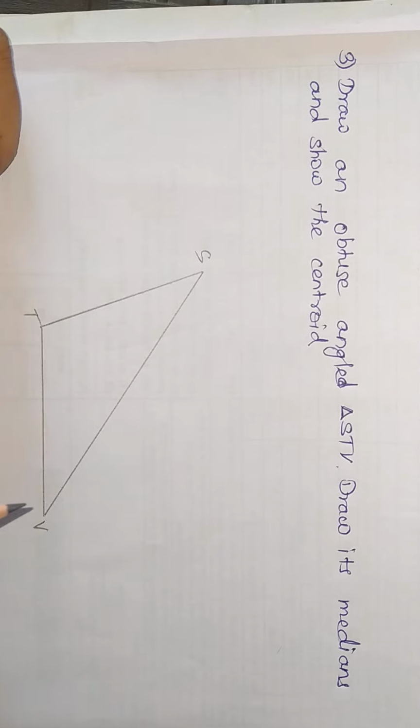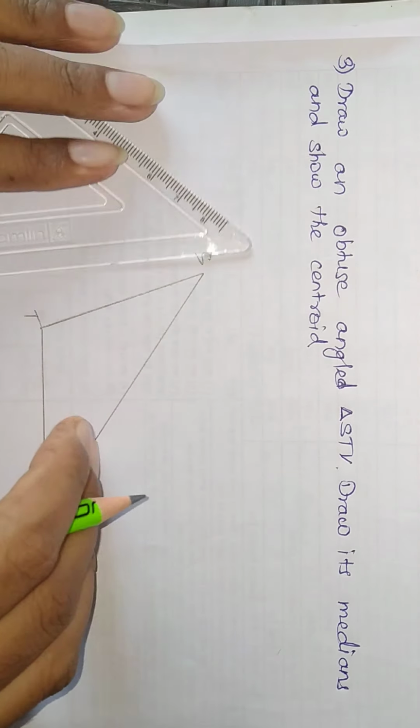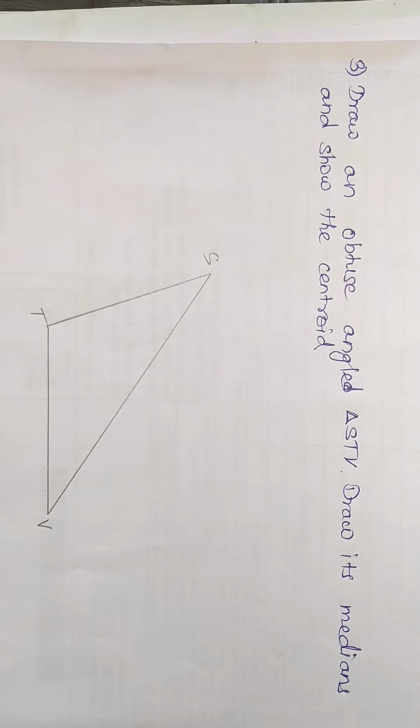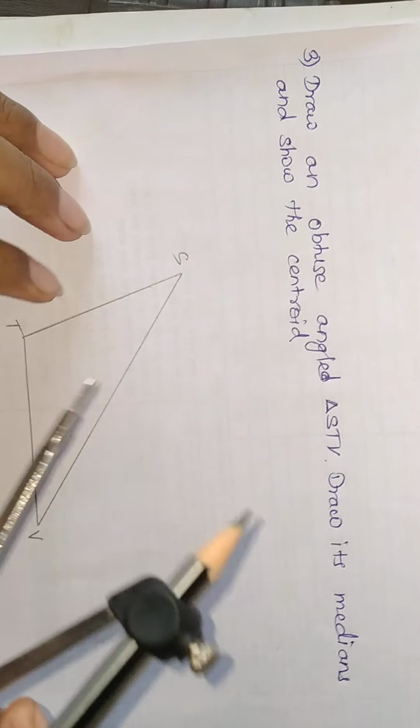For medians we will say centroid for the point of concurrence. Now how we will do this? By this compass.